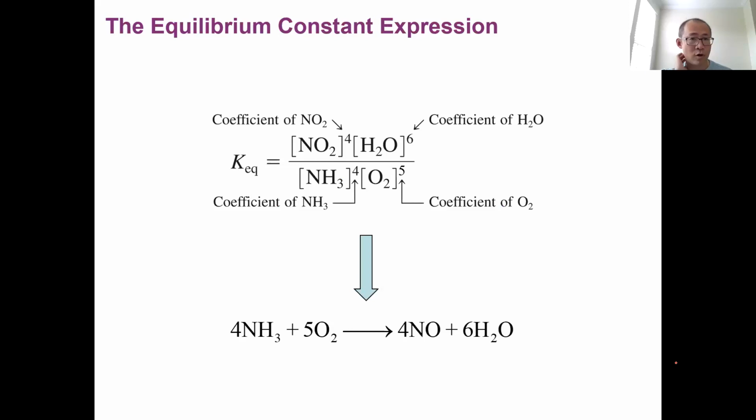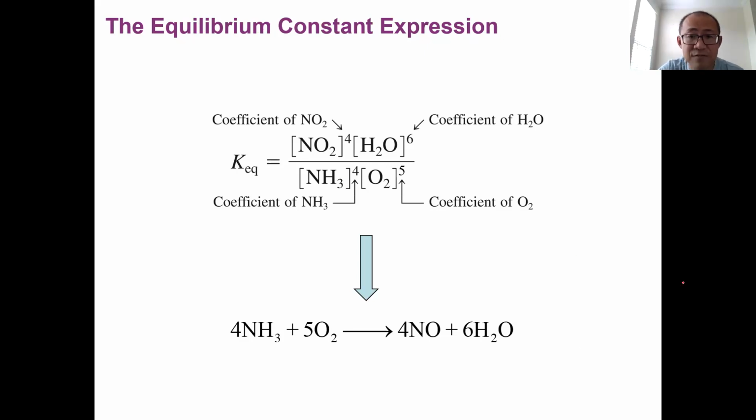Now, finally, for the equilibrium constant expression, we know that from an equation we can write the expression by using what we have learned: products over reactants, powered by the coefficients. And because of that definition, we can also do it backwards.